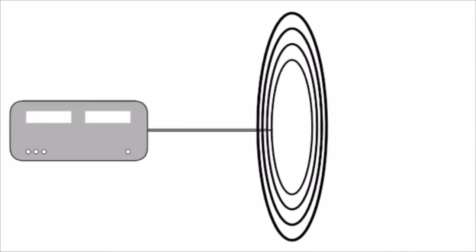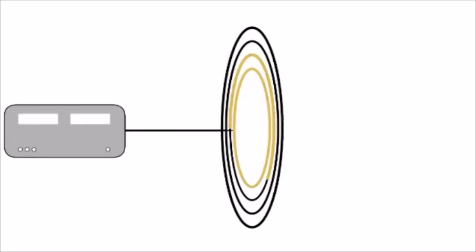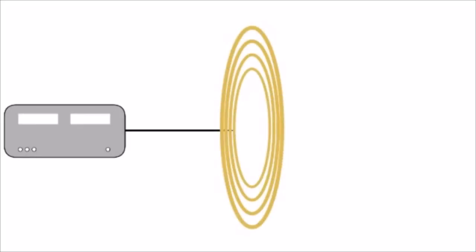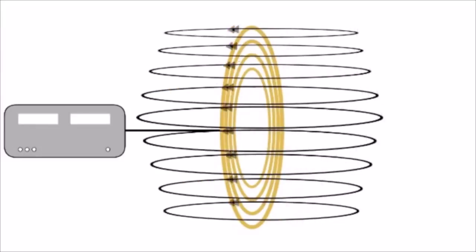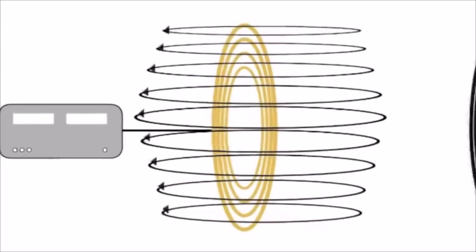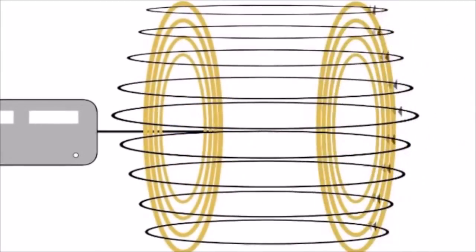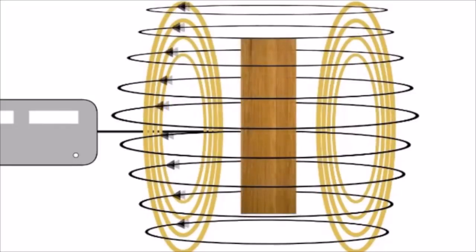Fritz's wireless power transmitter passes an AC signal to the transmit coil. Current flowing through the coil induces a magnetic field that is emitted in all directions. When a second coil is brought in range of the first, the oscillating magnetic field induces current in the receive coil.